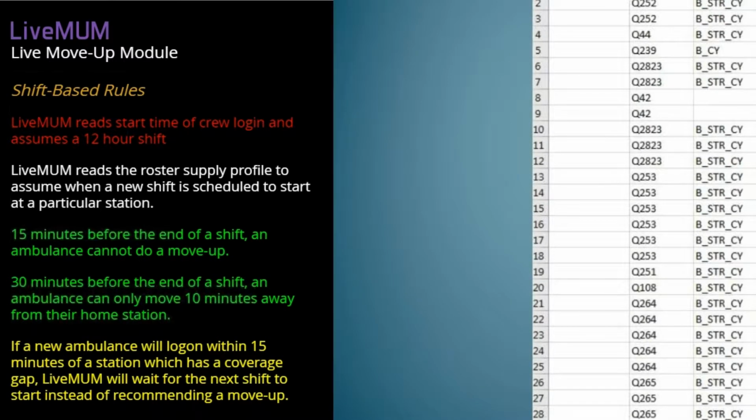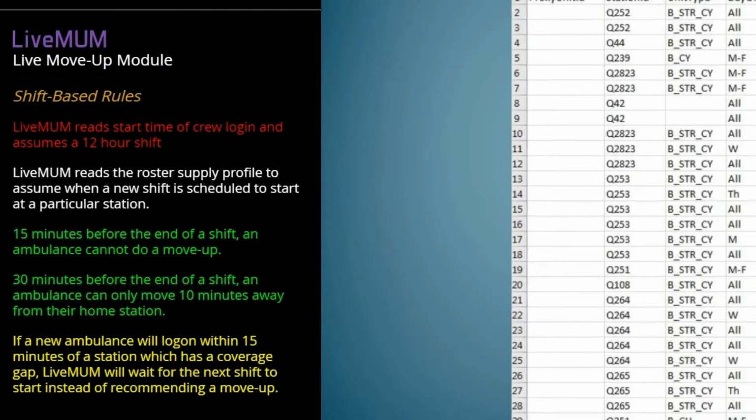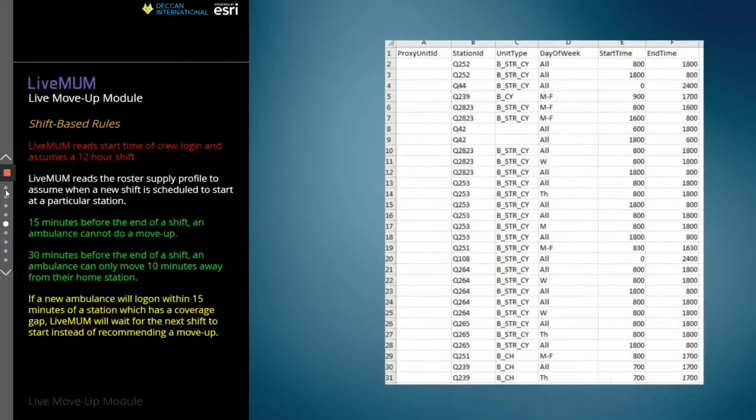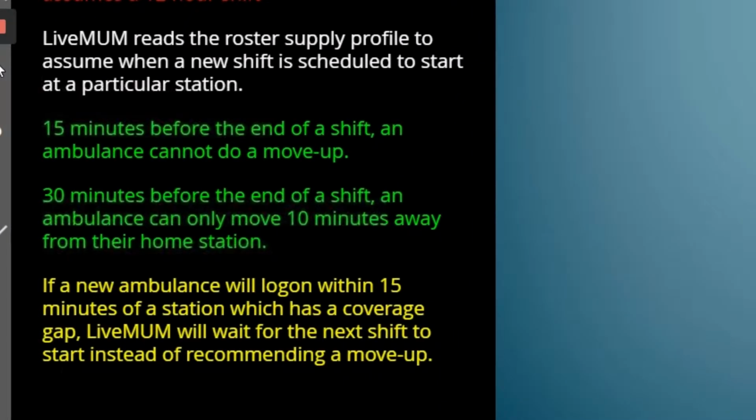In order to help support the movement of crews around the beginning and end of their shift times, LiveMUM will take the timestamp that a crew logs in and will assume a 12-hour shift in Southeast Queensland and a 10-hour shift in the regional operations center areas. Using this assumption about end of shift time, LiveMUM will apply a couple of rules.